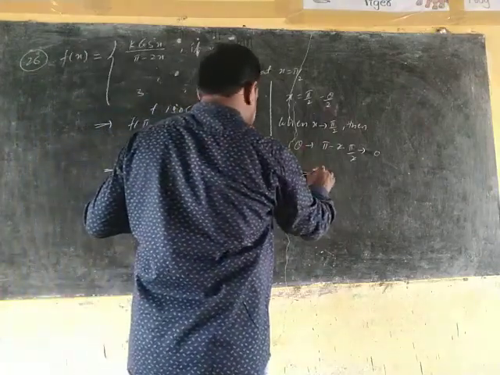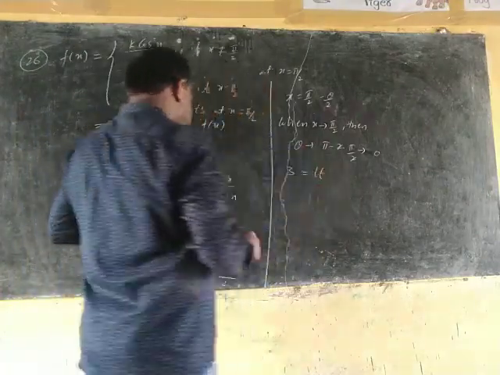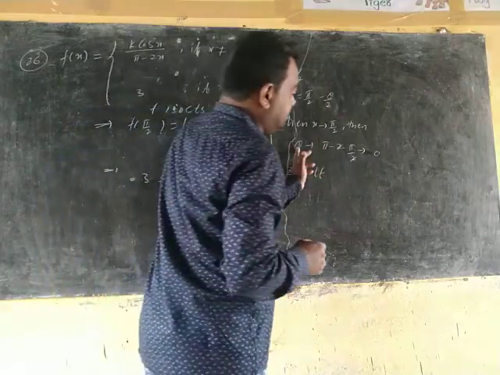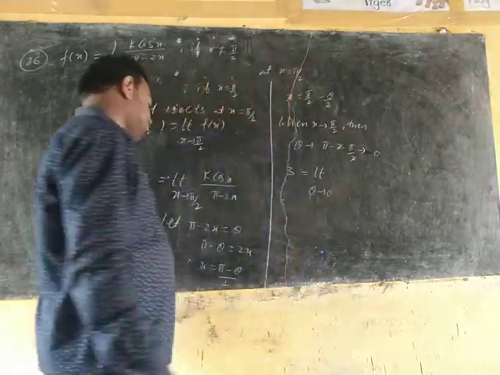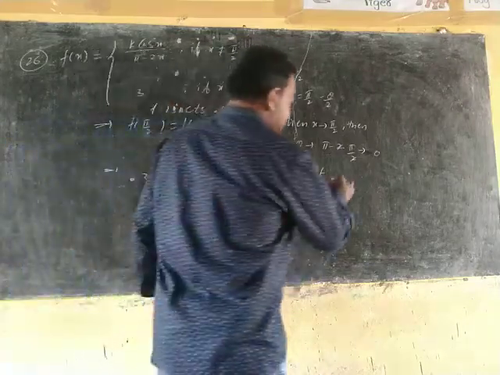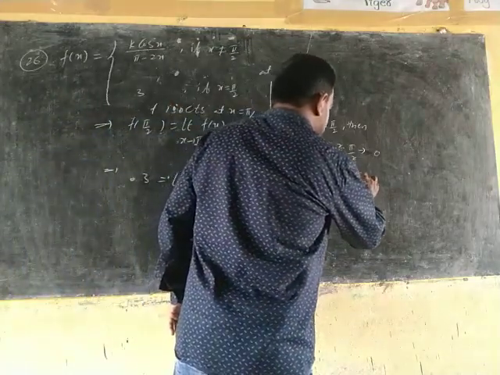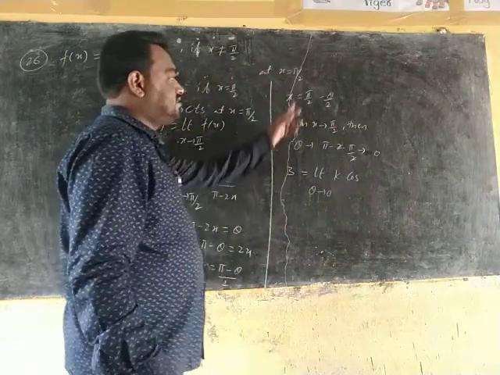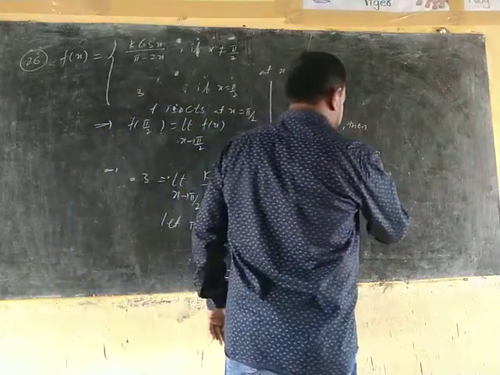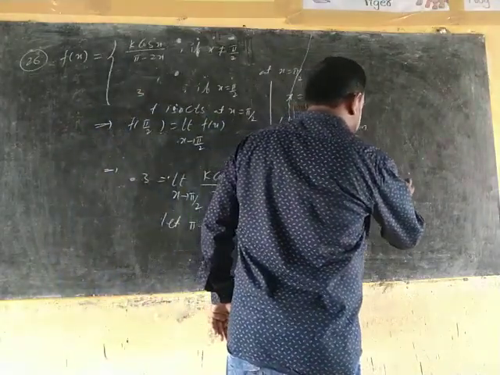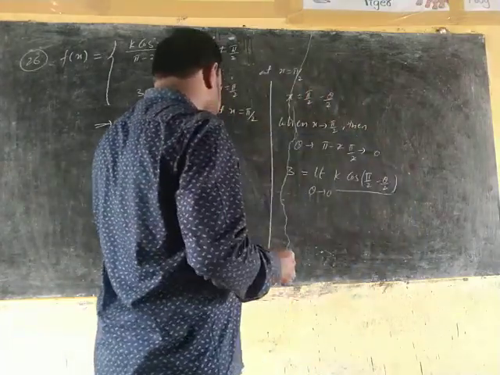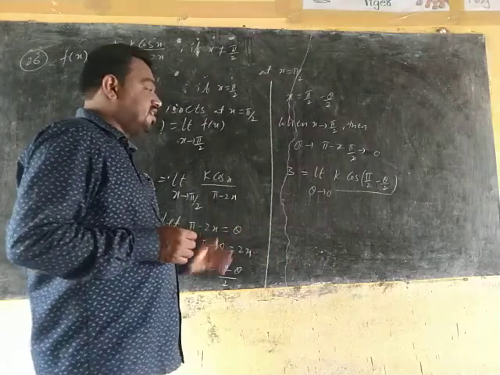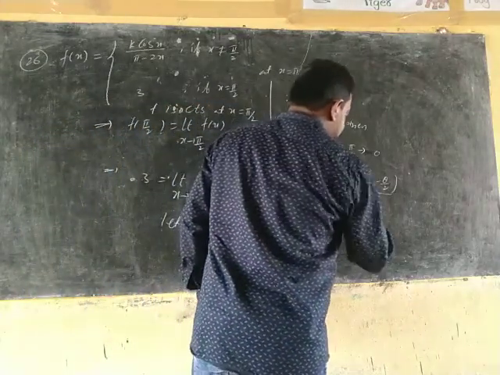Now substitute in this equation. 3 equals the limit as theta tends to 0 of k into cos of x, where x is pi by 2 minus theta by 2, divided by pi minus 2x, which we assumed as theta.